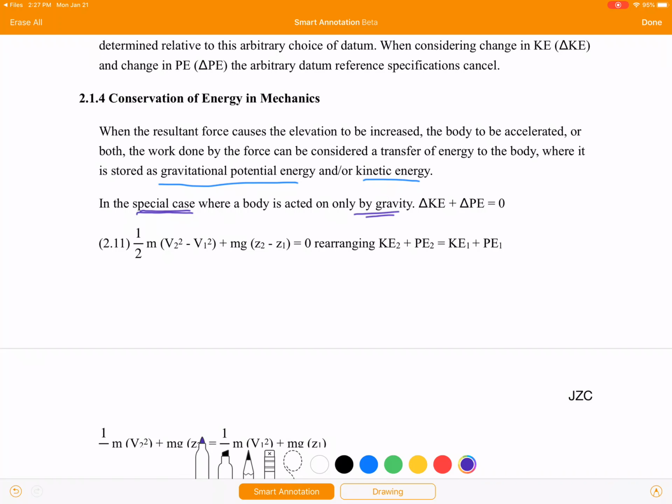Filling in what we know here, we have 1/2 m times v2 squared minus v1 squared. That's the change in kinetic energy, right? This is delta KE, and then plus delta PE, mg times z2 minus z1. That would have to equal 0. Rearranging this equation, we get kinetic energy at 2 plus the potential energy at 2 equals the kinetic energy at 1 plus the potential energy at 1.